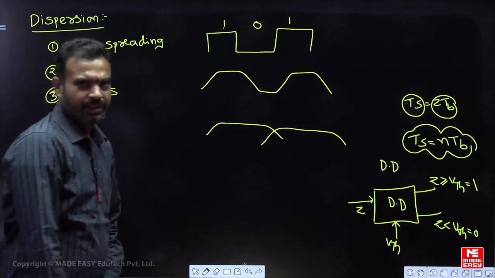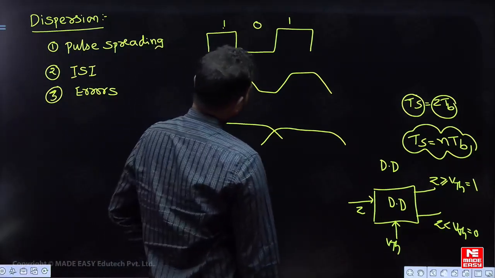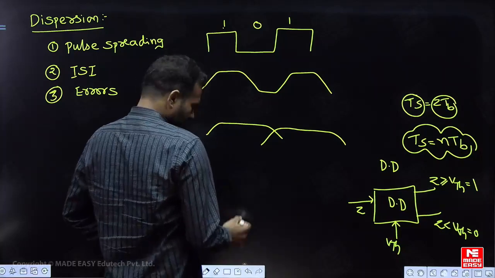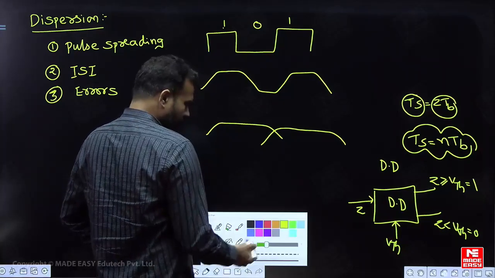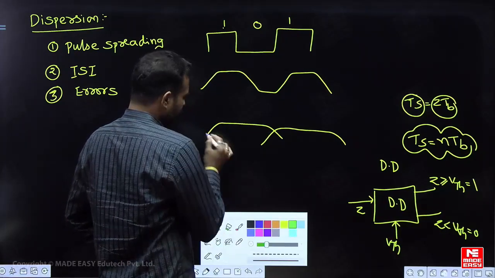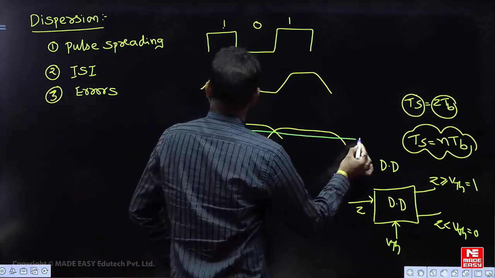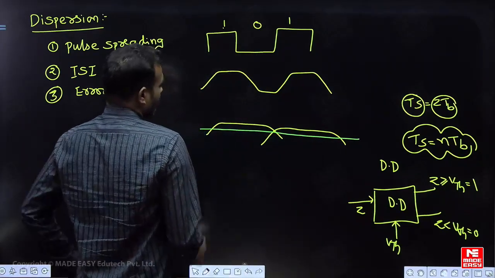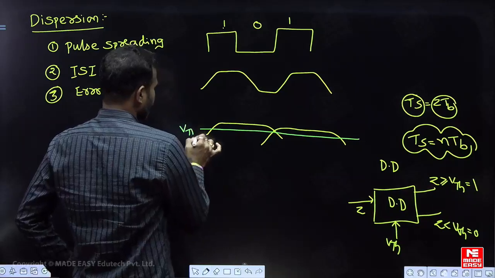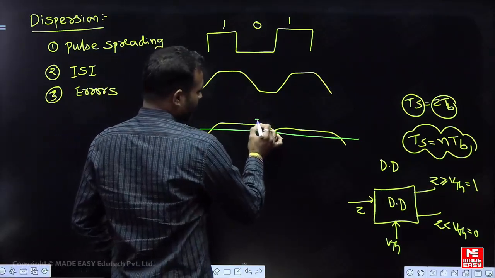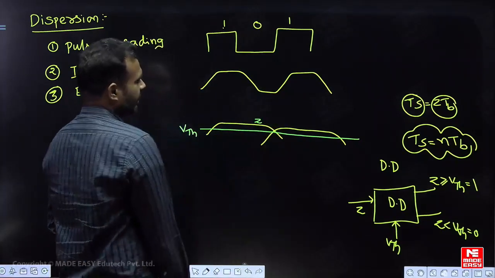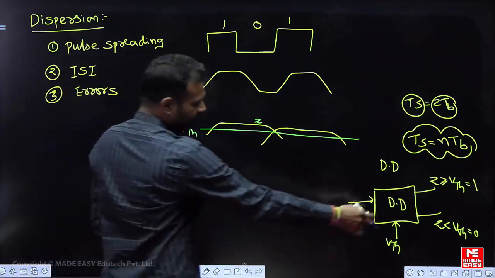Look, after writing this decision device, the most important thing we can see here is the threshold value. This is the threshold value, VTH, and this signal is called Z. See the concept here.